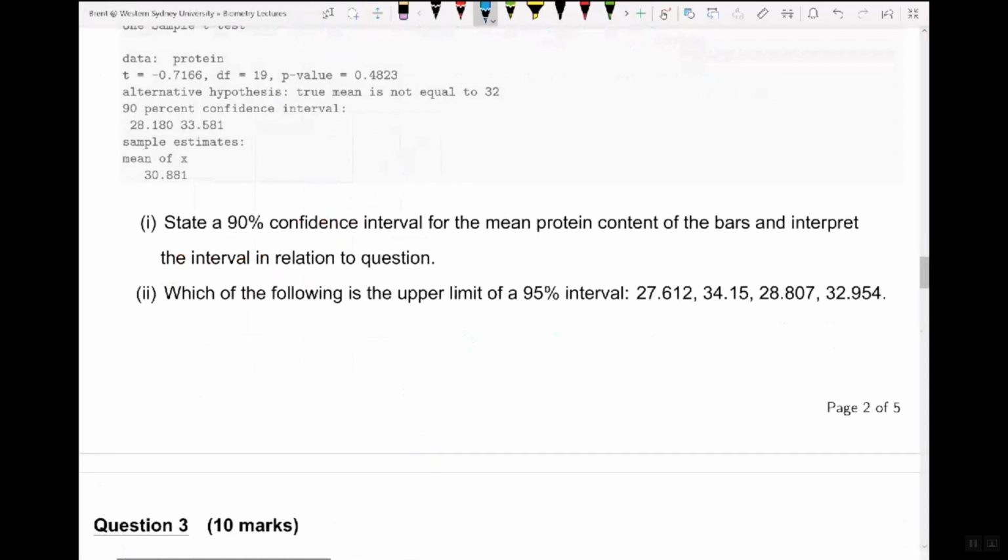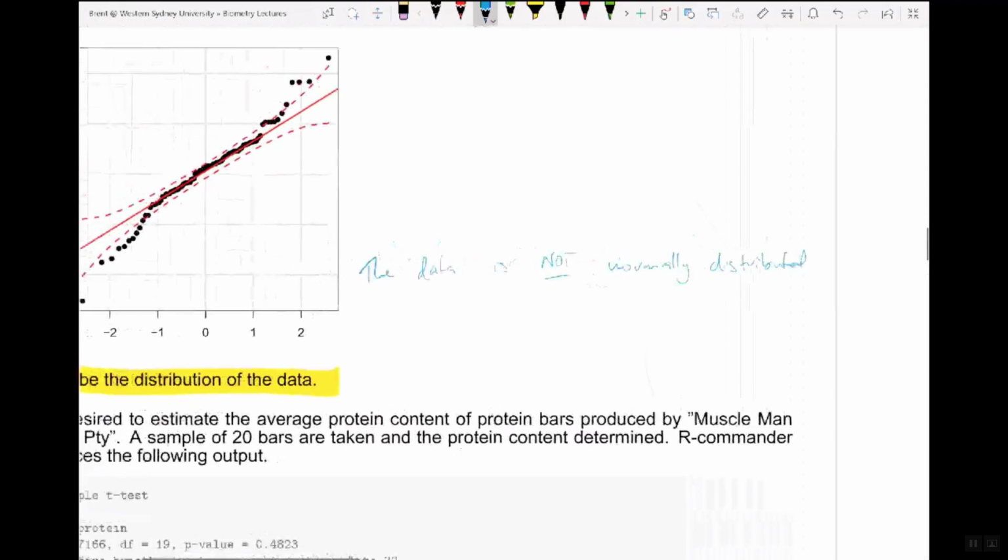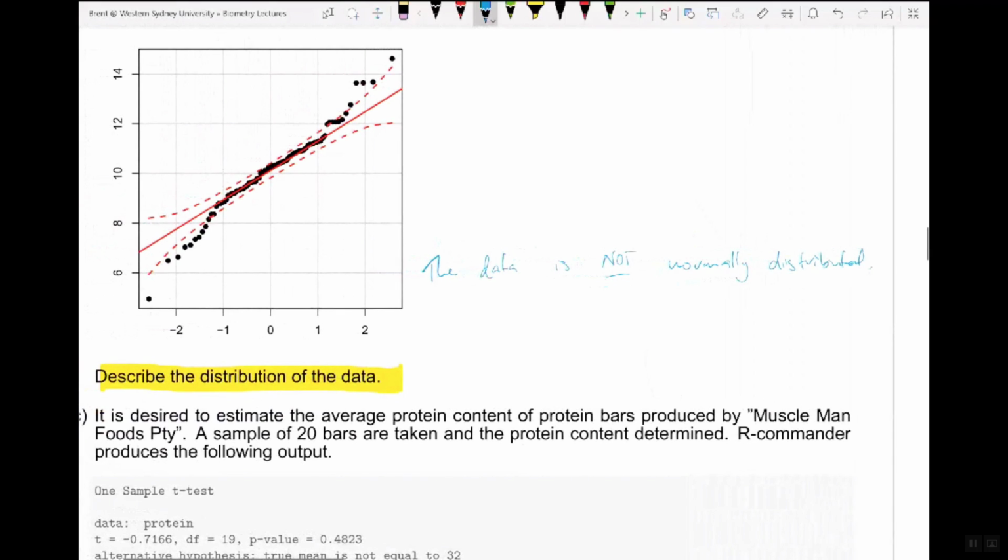Can I tell if it's left skewed or right skewed or anything like that? This is one of those shapes that wasn't either left skewed or right skewed. But you can see over here, these numbers down the lower end of the data, they've been arranged in ascending order. They are smaller than I would expect them to be from a normal distribution. Expect to see from something that's normally distributed. And so you say something along those lines. The smaller values are smaller.